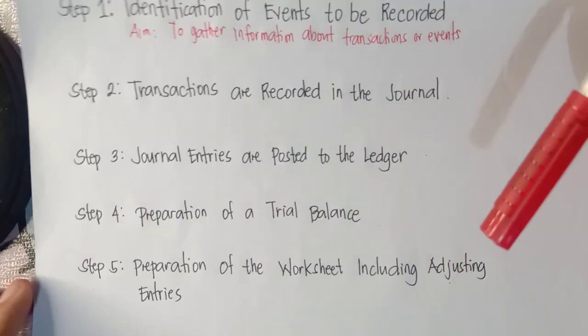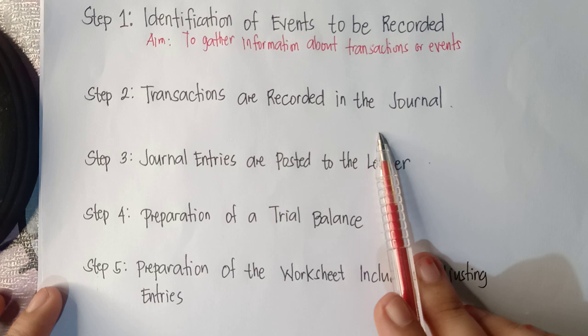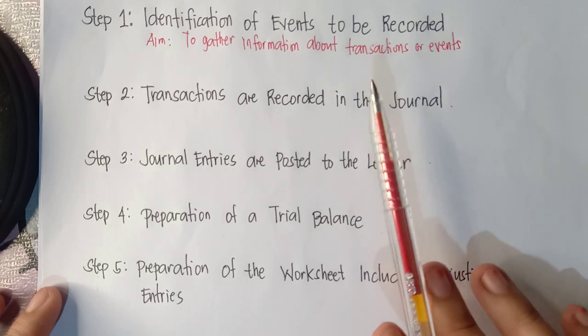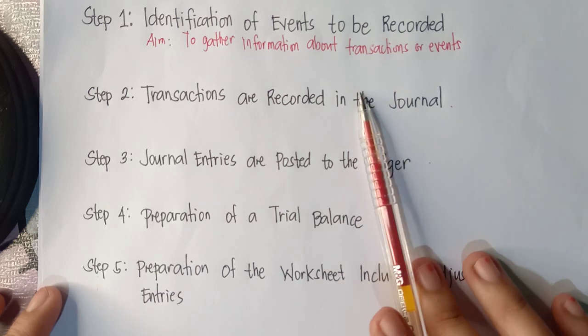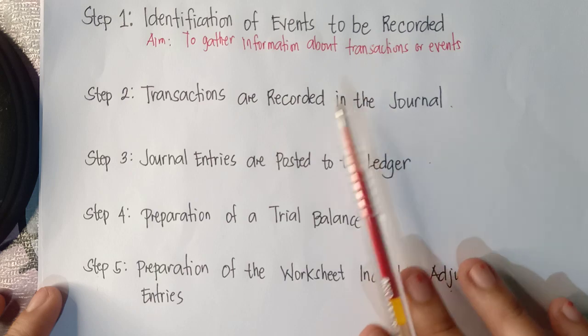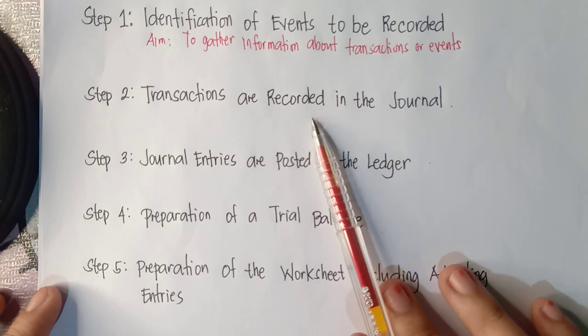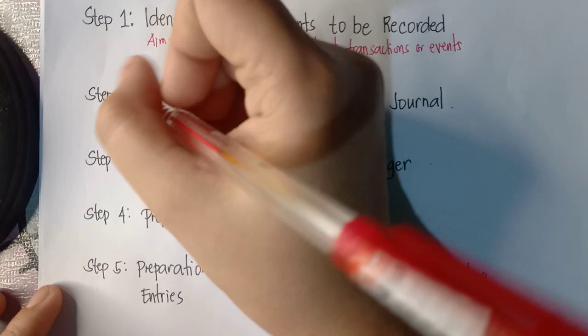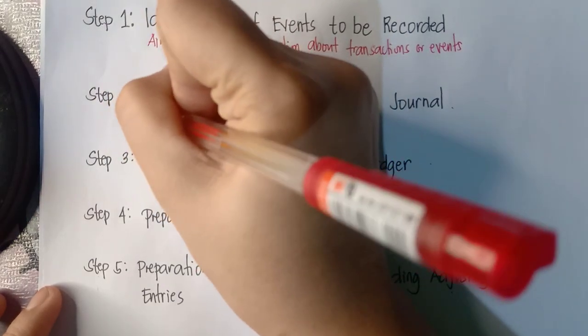Step 2, we have transactions are recorded in the journal. So, after identifying the transactions that need to be recorded, we have to record the transactions in the journal. What is the aim here in step 2?